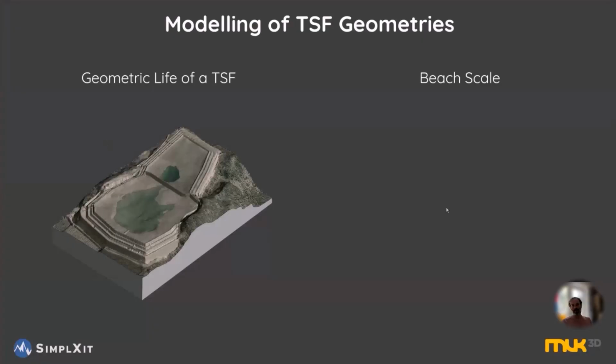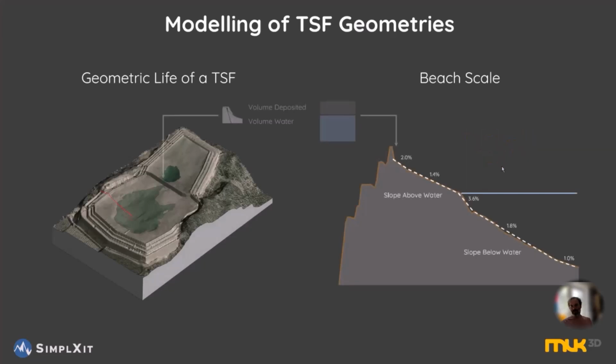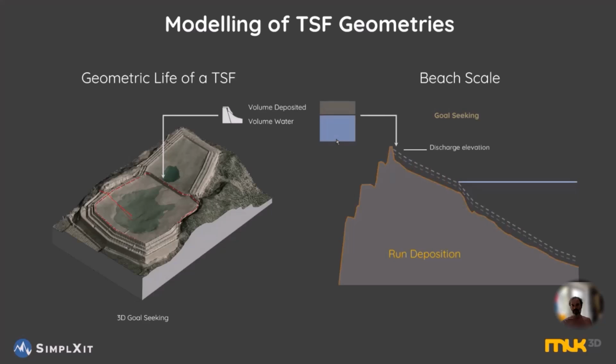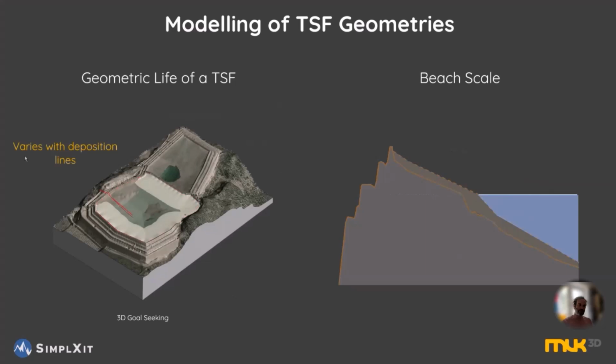So when we're trying to model with Muk3D, as I was saying, we'll set some tailings properties, which will be your beach slope and your densities, and then we'll have some volume that we're trying to discharge, and it will search for the correct discharge elevations and the pond elevation that will give us this specific volume. And of course, according to where you're doing the deposition, we will have different patterns.